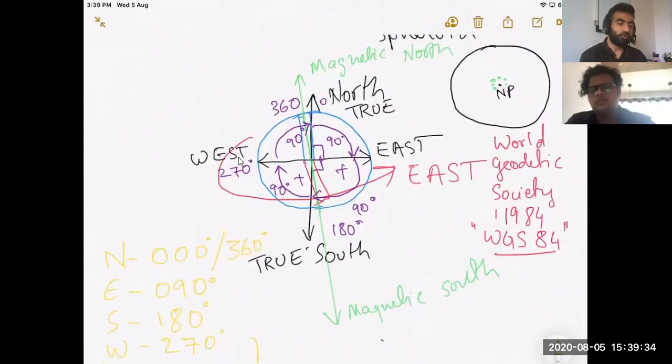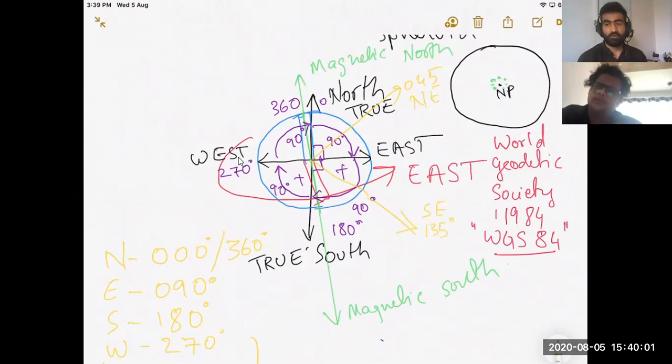Right in between north and east, at an angle of 45 degrees, 045, we have northeast. In between east and south, 45 degrees, you get southeast, 135 degrees, 90 plus 45.